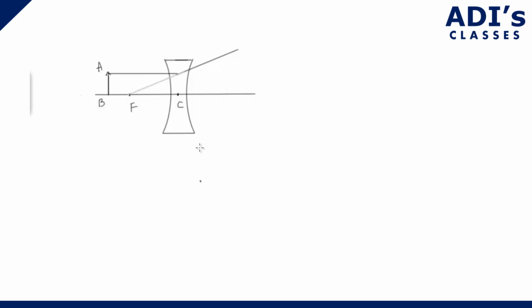There is one more ray of light which passes through the center of the lens from A. So we have another ray of light which moves like this.